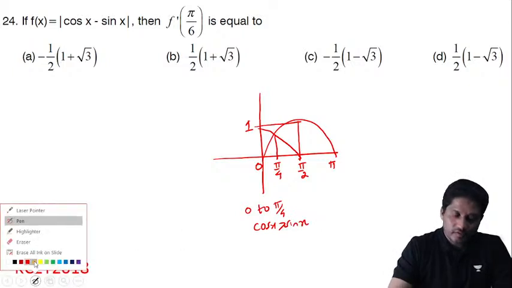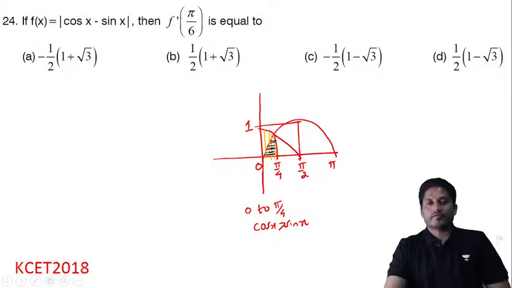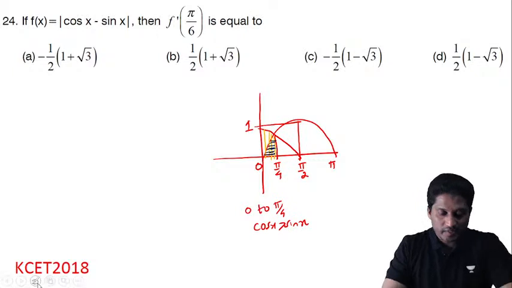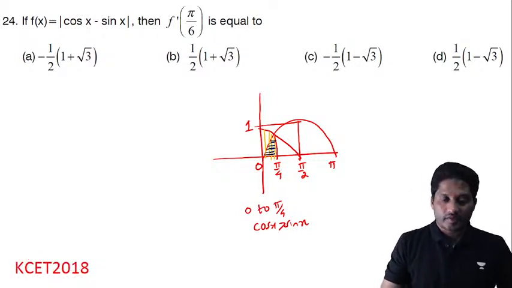Obviously, this is full cos, right? Fellow is only sin. So in this 0 to 45, cos is more than sin. So pi by 6 obviously lies between 0 and 45, right?